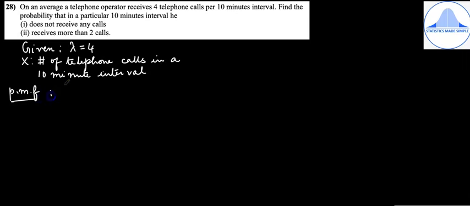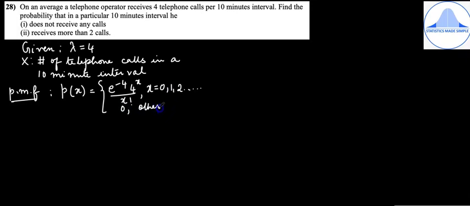So the PMF is P of x equal to e to the power minus lambda, so e to the power minus 4, lambda to the power x, so 4 to the power x divided by x factorial, and x takes value 0, 1, 2, so on. It is infinite, 0 otherwise.